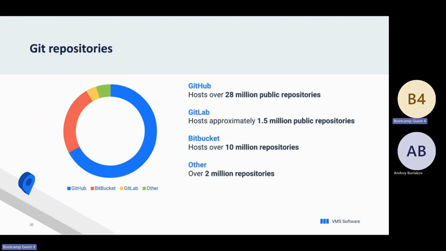Other ones have approximately 2 million repositories worldwide. So it means that if you like something from the open source, you can just clone it to OpenVMS, adapt it for OpenVMS, and use it, port it.